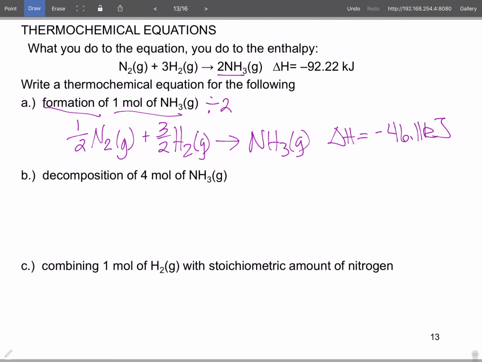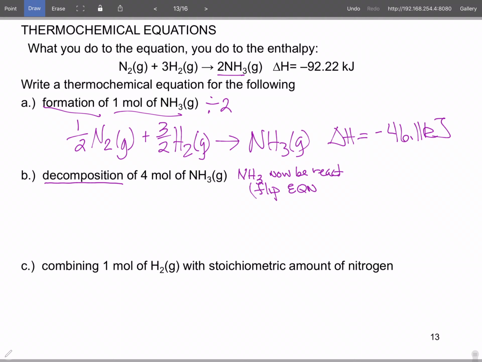Okay. So now we're going to decompose 4 moles. So it doesn't matter which one you do first. I'm going to work it left to right. Decomposition means that you're going to break it down. That means that NH3 will now be a reactant. What does that mean? That means we're flipping the equation.